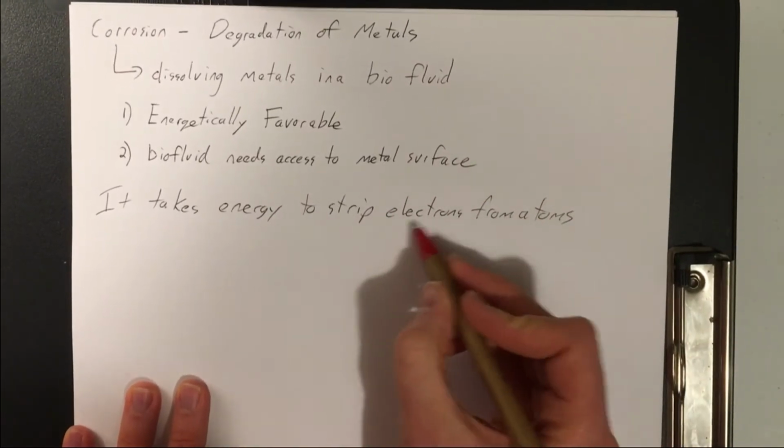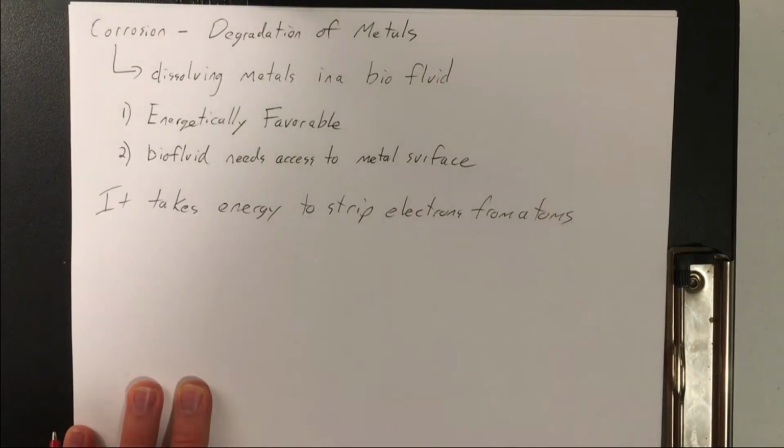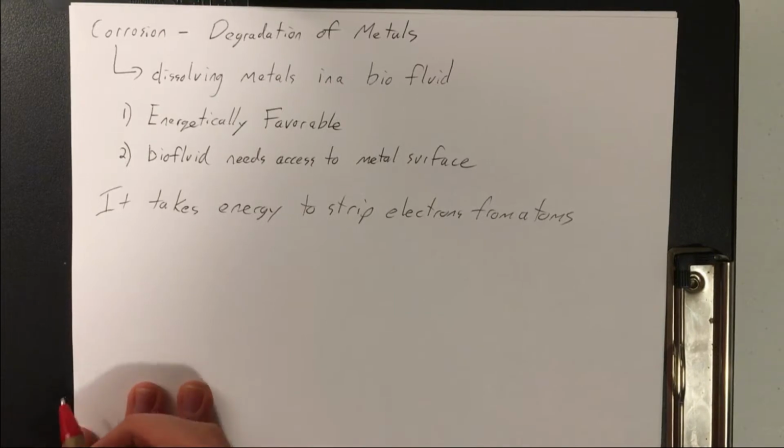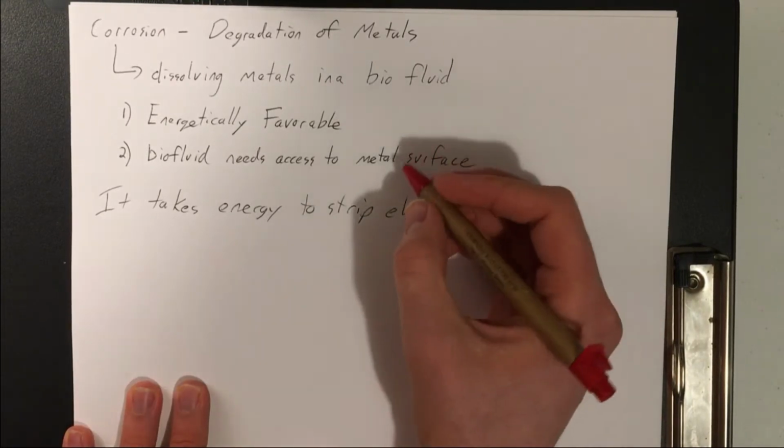Right? These electrons are perfectly happy to hang around the positively charged nucleus, but if we dump some energy into the system, we can basically pull those electrons off.